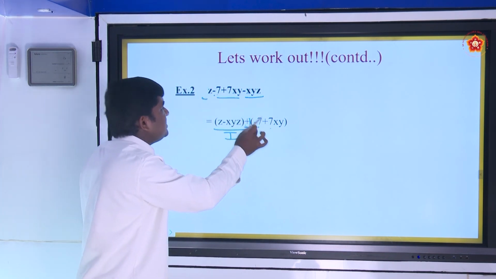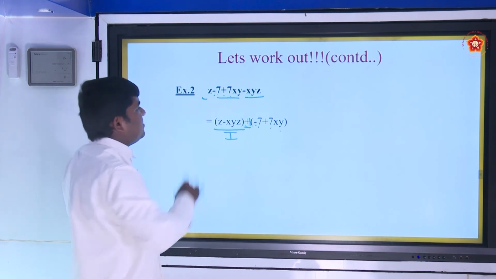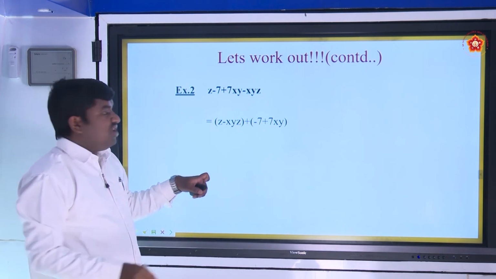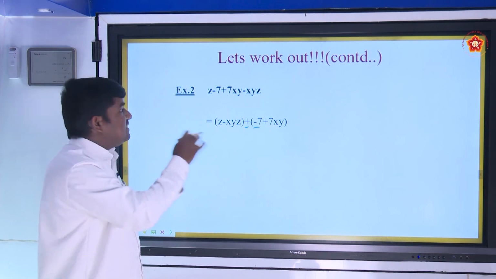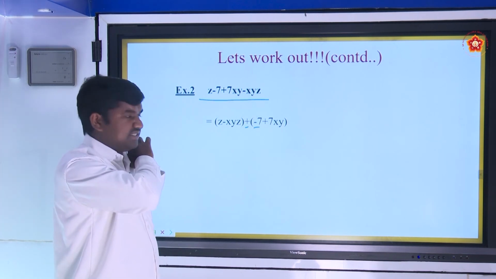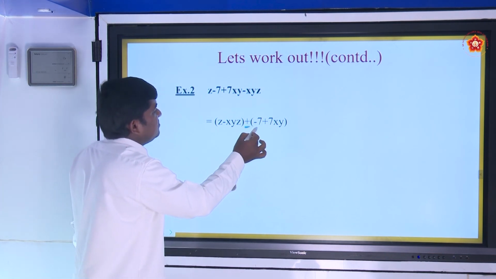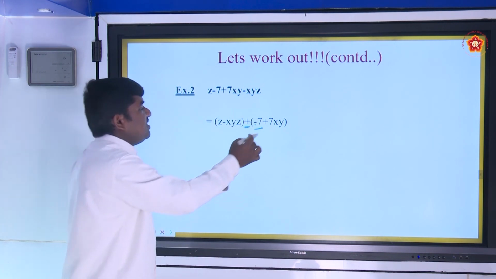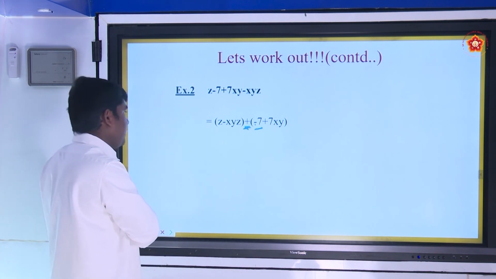So plus into plus, plus 1 into 7, 7xy is there. So here the rule is, if you multiply the outer sign with the inner sign, you will get the same previous one. Yes, so if I take a plus sign here, we should have a minus sign here, minus 7, then plus 7xy. I will tell why I take plus here.